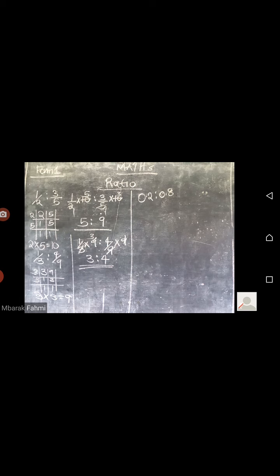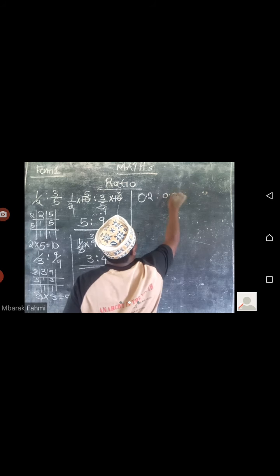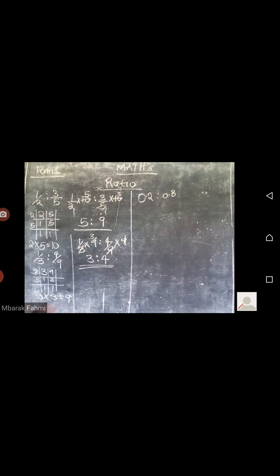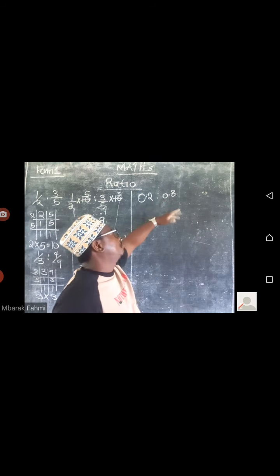We have 0.2 and 0.8. Now we have two ways. You can decide. We first remove the decimal points.